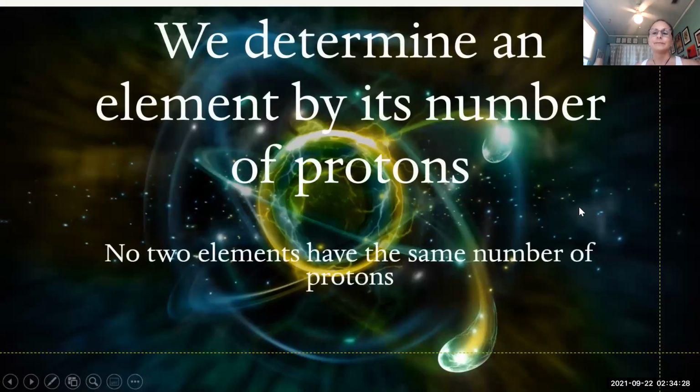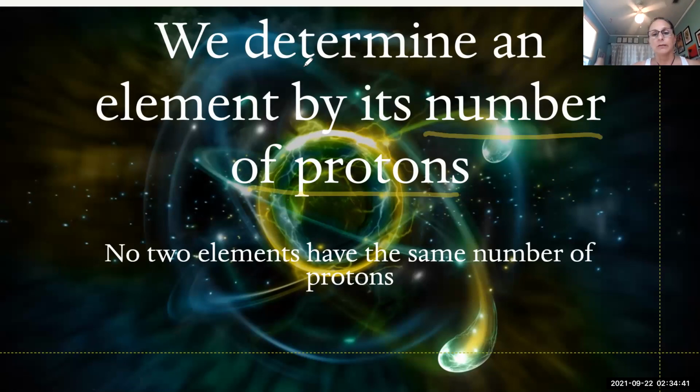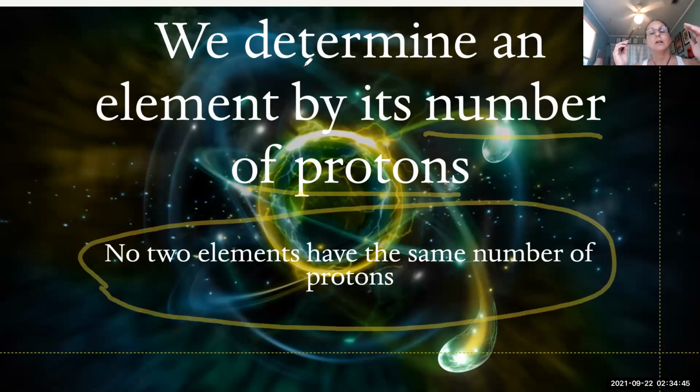All right. So the next thing that we need to talk about is how do you figure out what element you're looking at? All elements are defined by their number of protons. So no two elements have the same number of protons. The number of protons stays the same, and that is how we identify an element.